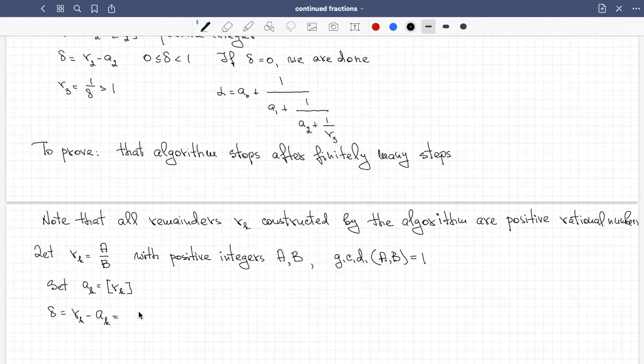And I can write that this is a over b minus a_k, which is a minus b a_k divided by b.